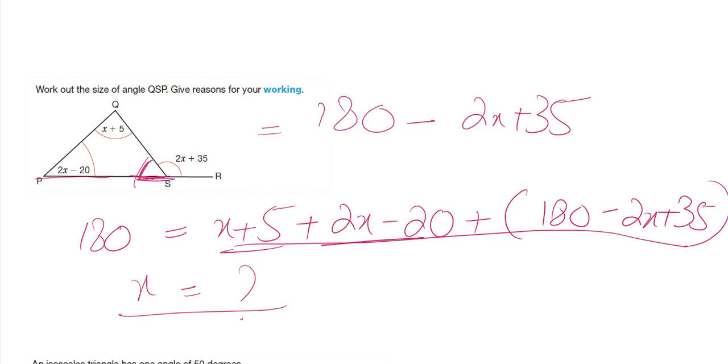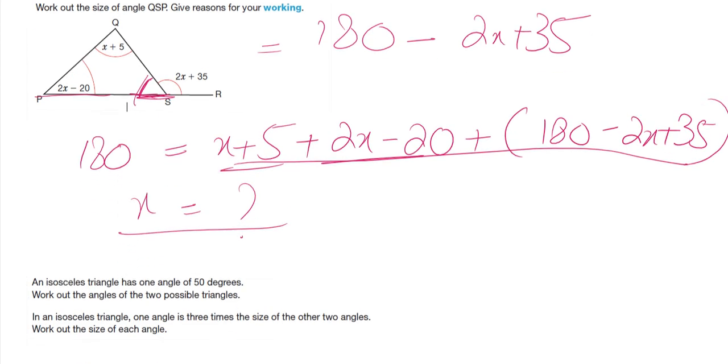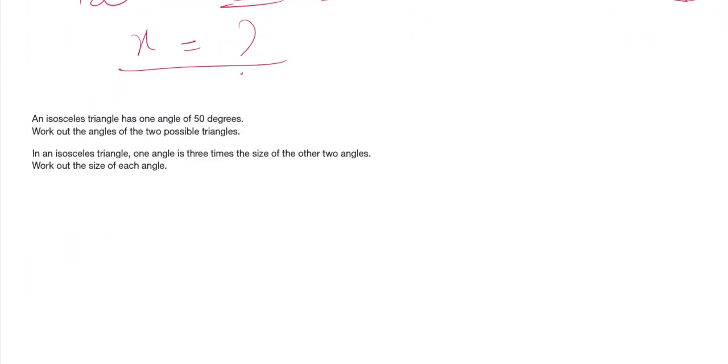Over here we have some statement questions. The isosceles triangle has one angle of 50 degrees. Work out the angles of two possible triangles. So this one has a 50 degree angle. We have to work out on this one. So we have 50 over here. This whole is equal to 180.